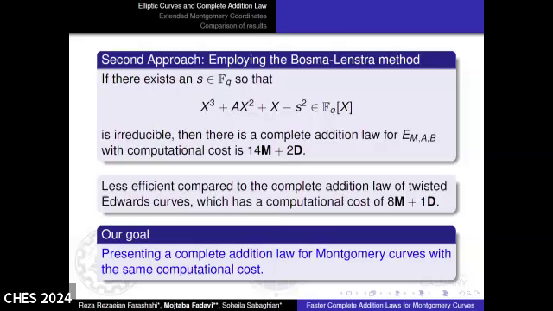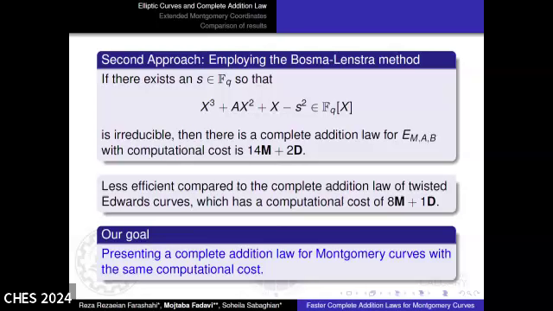As we can see, there is a big gap between the computational cost of twisted Edwards curves and Montgomery curves. The goal of this paper is to find complete addition laws for Montgomery curves with the same computational cost.